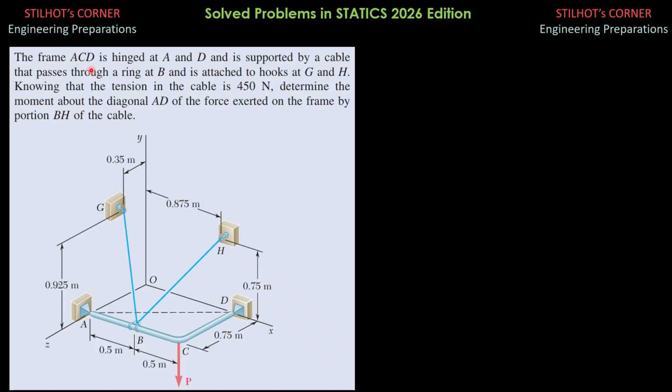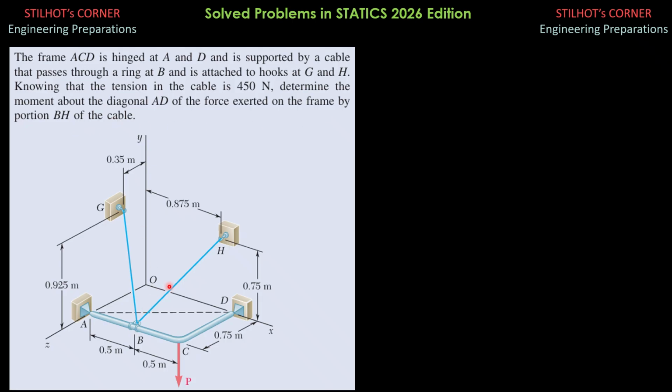So the frame ACD is hinged at A and D and is supported by a cable that passes through a ring at B. So meaning the tension of the portion BG and BH are equal and is attached to hooks at G and H. Knowing that the tension in the cable is 450 newtons, determine the moment about the diagonal AD of the force exerted on the frame by portion BH of the cable.